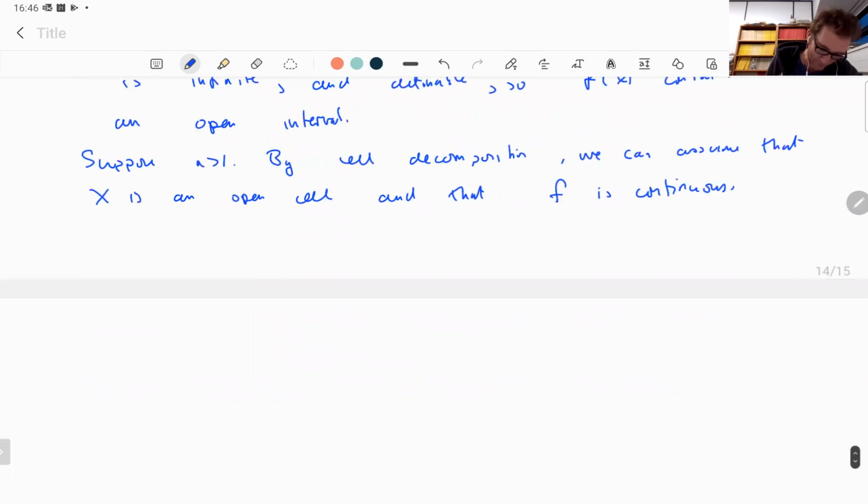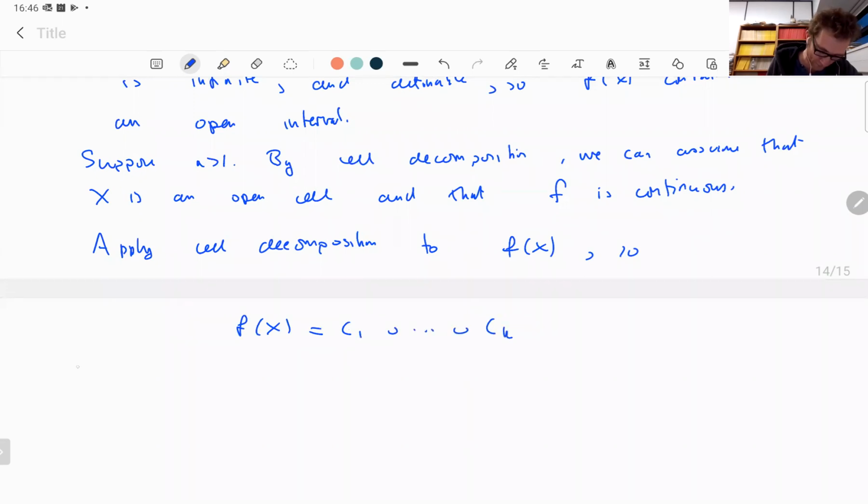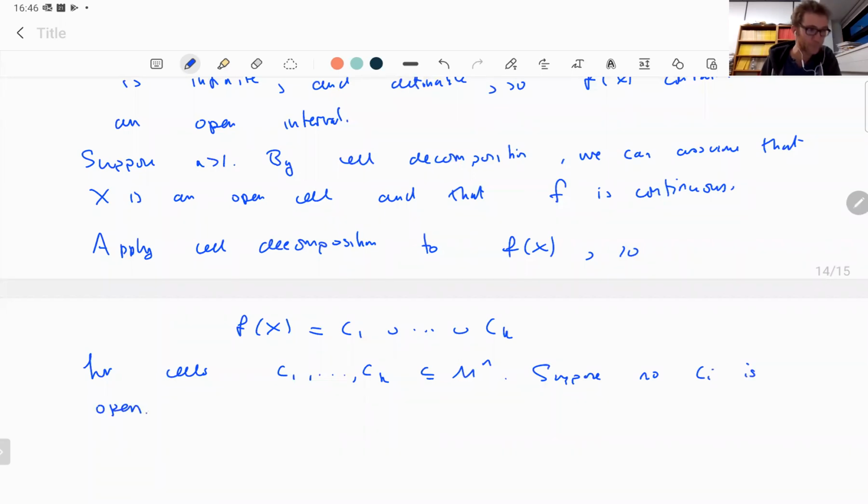Apply cell decomposition to f of X. So f of X is C1 union up to CK for some cells in M to the n. So I'm done if one of these is open, so suppose none of them are open.